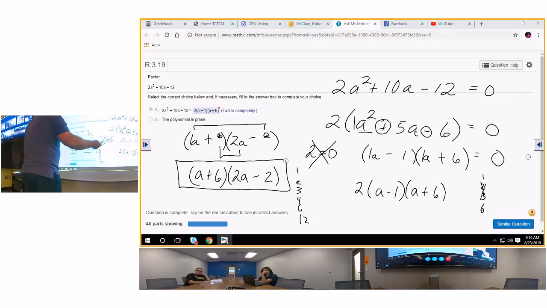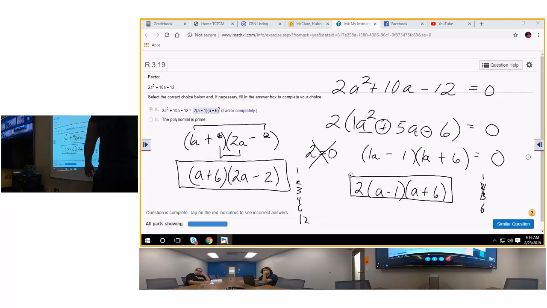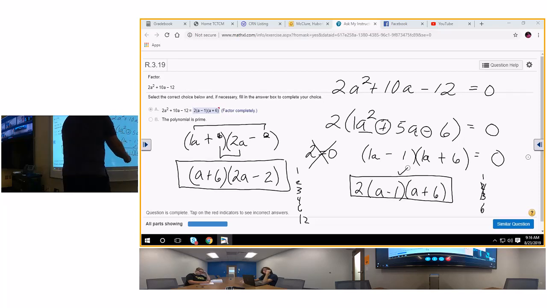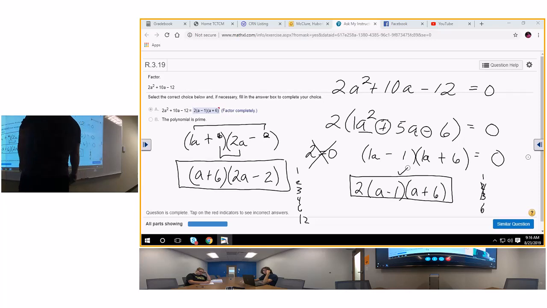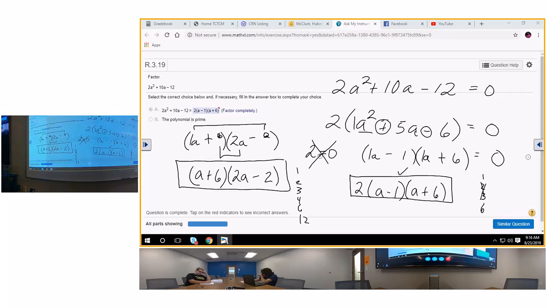Now both of those are correct. The reason this one is probably the correct answer is because they want you to get used to factoring that out so you can set equal to 0, so this term basically goes out. So that's how you do that problem.